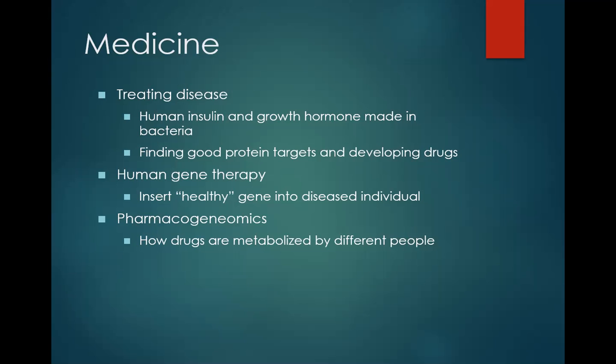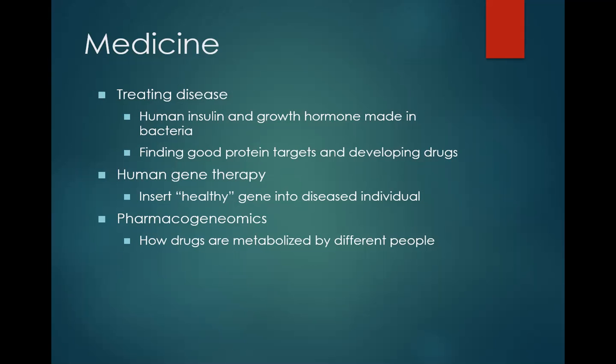Some of the first gene therapy trials have been in the past couple of years. Those are used to insert a healthy gene into somebody that has a genetic disease, or to remove a bad gene from somebody that has a genetic disease where the bad gene is dominant and causes problems.